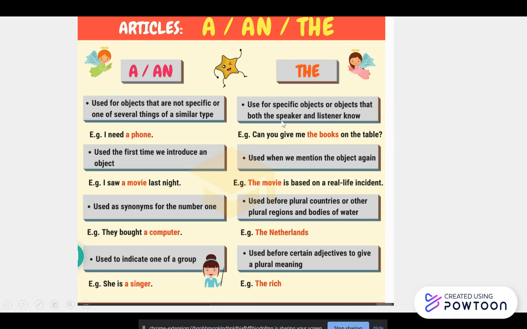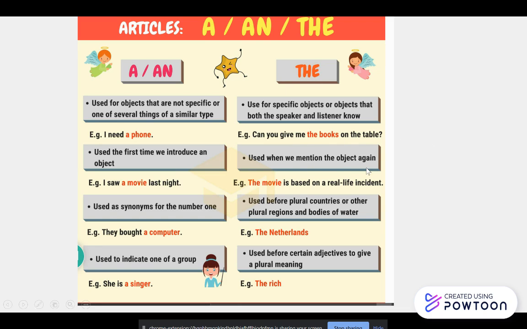"The" is used for specific objects, or objects that both the speaker and listener know. They know there's only one. That's when we use "the". Can you give me the books on the table? They are not talking about other books, they are talking about the specific books on the table. It is also used when we mention the object again.